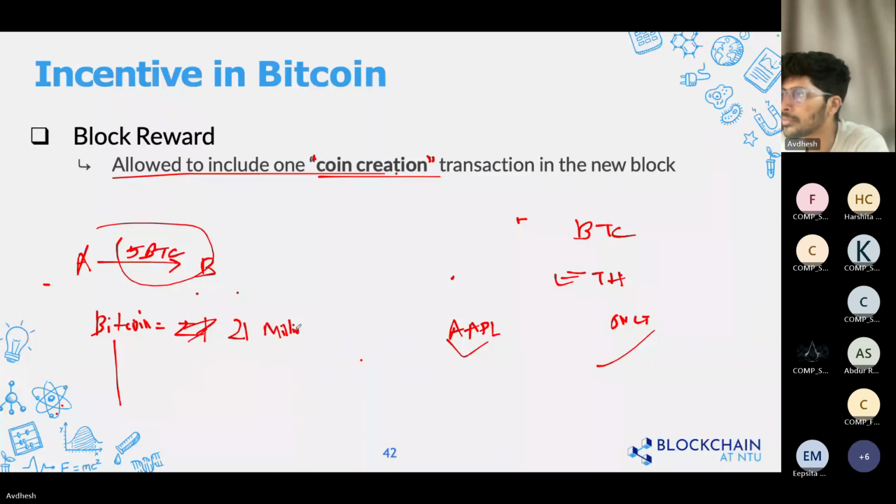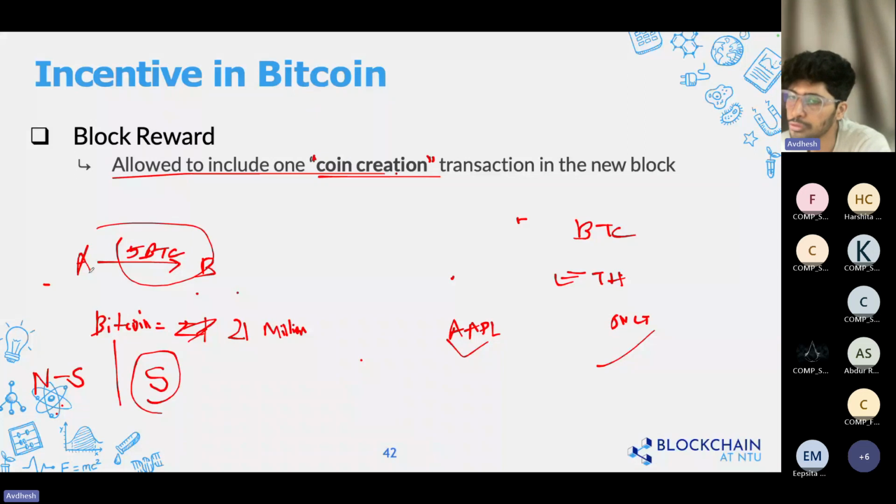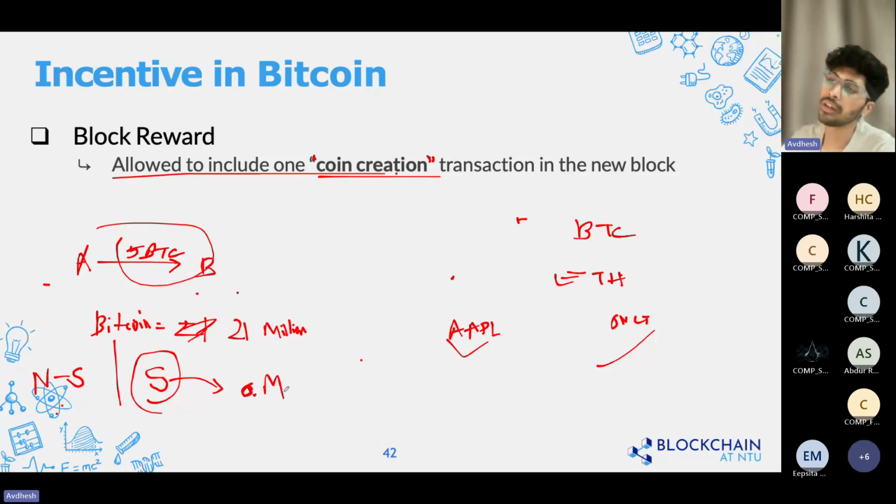There are Bitcoins that are currently in supply, and there are Bitcoins that are currently not in supply. What do I mean by that? The supplied ones are the ones Alice is transacting with. These are all in the open market, called OM, what we are trading. This is where Alice is sending Bitcoin to Bob, and Bob is sending to another user.